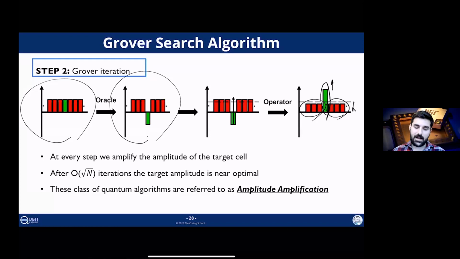This class of quantum algorithms is referred to as amplitude amplification, because in a sense what we're doing is amplifying, or increasing, the amplitude of the correct answer while decreasing, or destructively interfering, the amplitude of all other possibilities that are not the correct outcome that we're looking for.